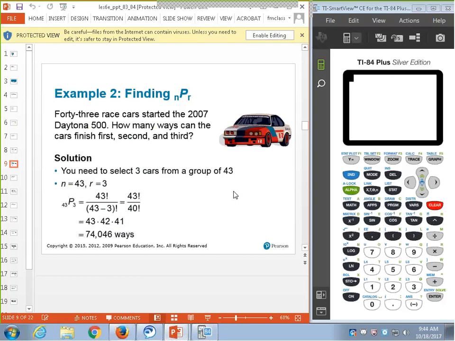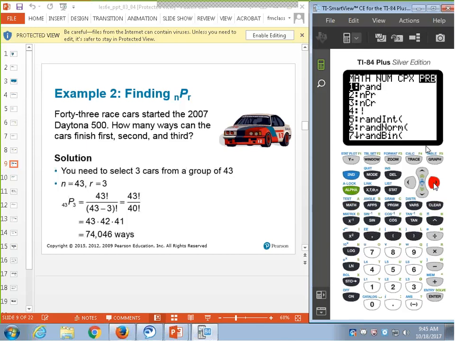How many total cars are you working with? 43. 43 started, and we're picking first, second, and third, so we're selecting three, order matters, so it's 43P3, right? So 43, math, the right arrow 3 times to highlight probability, and then number 2, the r is 3 selections, and we get our 74,046.